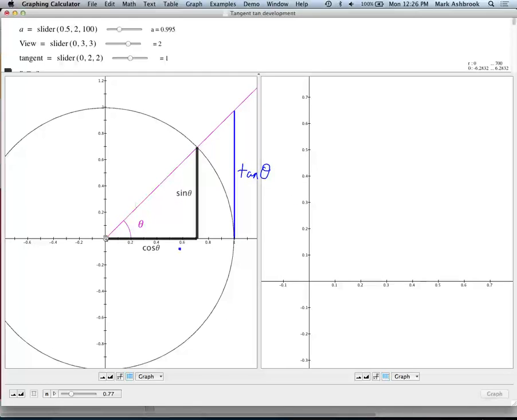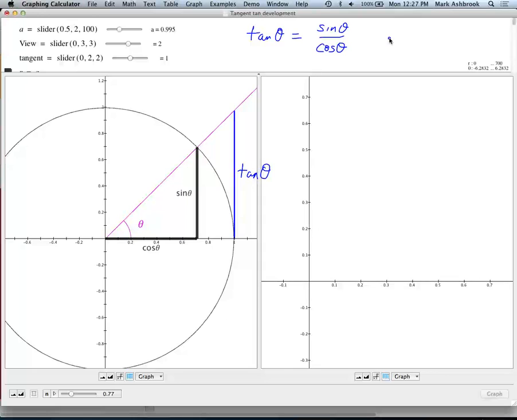But now looking at this triangle, how else could we write what tangent theta is? So just now looking at our triangle with cosine and sine, how could you write what tangent theta is? Yeah, opposite over adjacent would be sine over cosine.